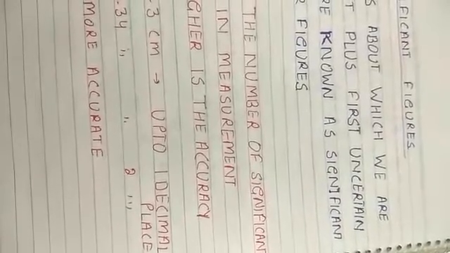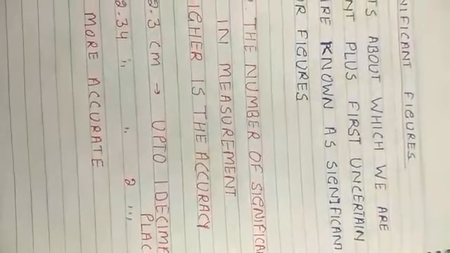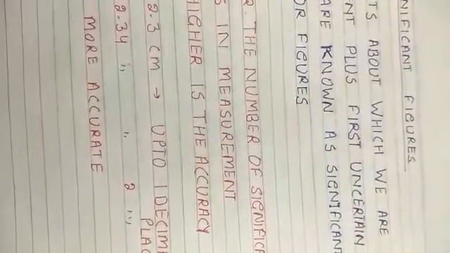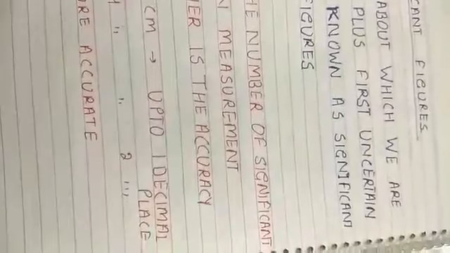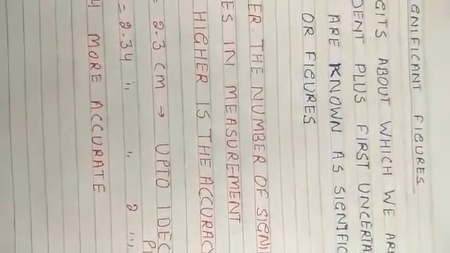So significant figures are now 3. The number of digits about which we are confident plus the first uncertain digit are known as significant figures.